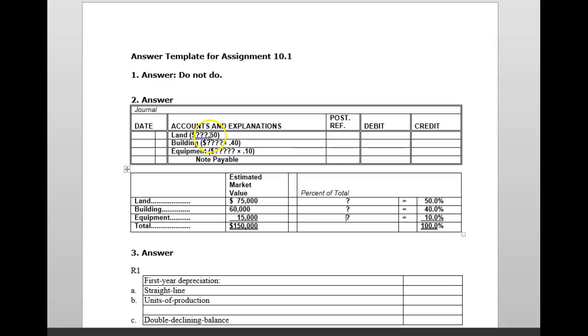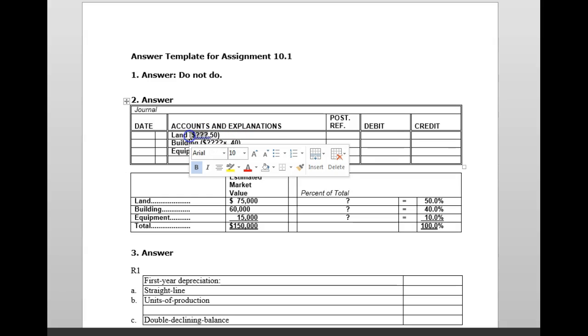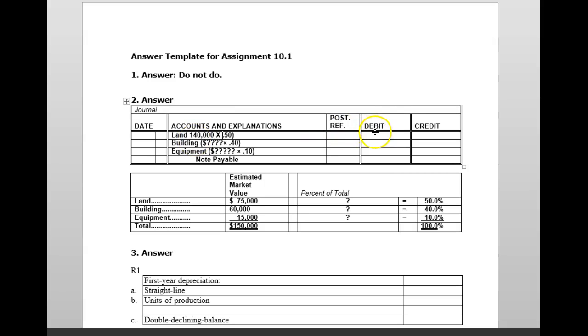So here, these question marks and the percentages, and that will give you the value of your debit here, and this obviously is going to be $140,000 because that's how much you paid for it. So you take the market value, you find out what percentage of the whole the particular parcel is, and then multiply it times the price that you paid for it.